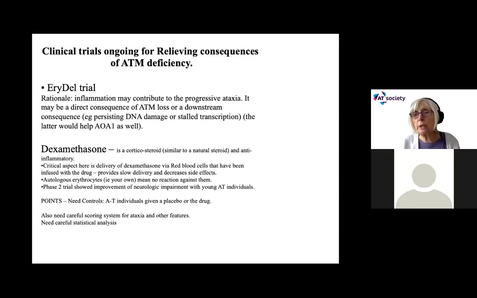And it also needs very careful statistical analysis. In these type of trials, it's not what's happening to the individual that matters. It's really, is there an impact overall when you take the whole thing together? And that actually requires quite careful statistical analysis.